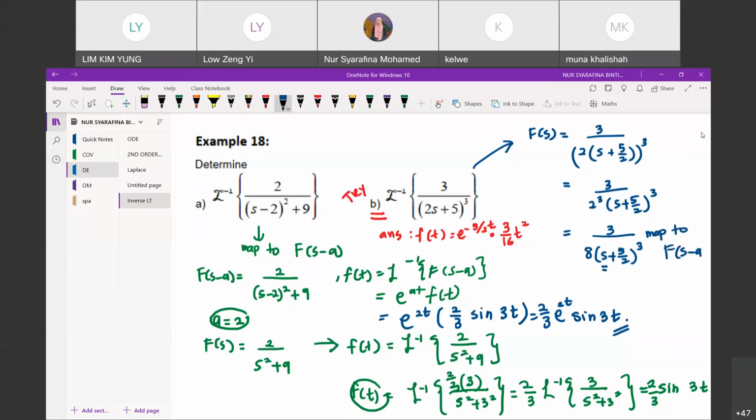F(s minus a). Alright, because in the table of transformation itself, there is no s plus something to the power of 3. So we can conclude that this is just a function of s minus a. So you have to put 2 in terms of minus there.